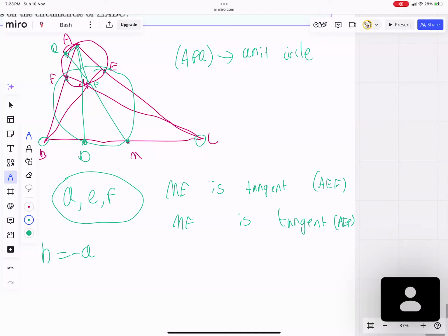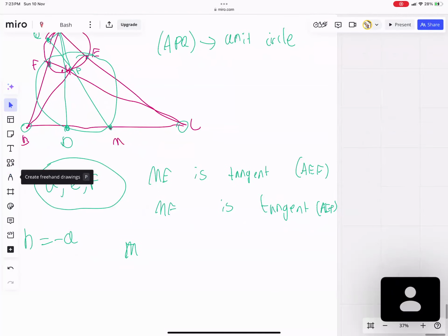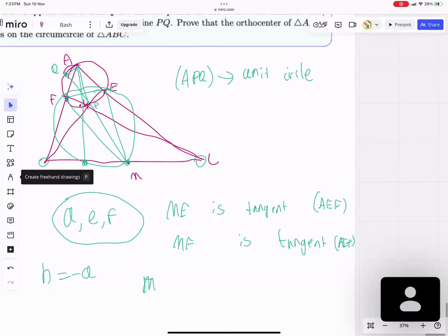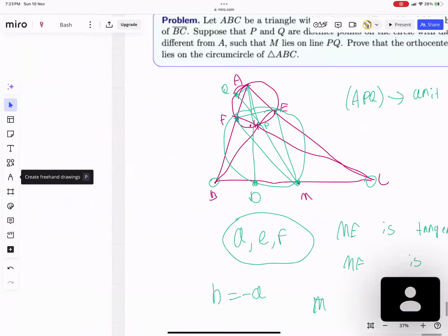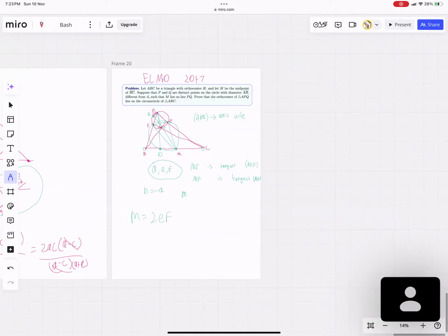This is a pretty well-known thing, so I encourage you to prove it by yourself. Just angle chase, and note that MB equals MC equals ME equals MF. That's one key step. So if we apply the formula we got before, we get that M is equal to 2EF over E plus F.